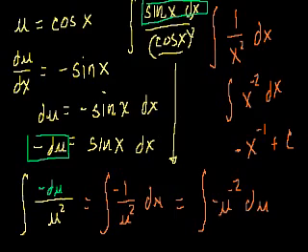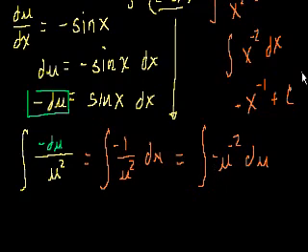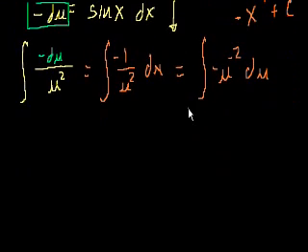And then here, we do the same thing we did up here, although now we have a minus out front. That actually makes it a little bit cleaner. To take the antiderivative, u was to the minus 2 power, so let's raise it to 1 power higher than that. Minus 2 plus 1 is minus 1, right? So it's u to the minus 1 power, and then you want to divide by minus 1.